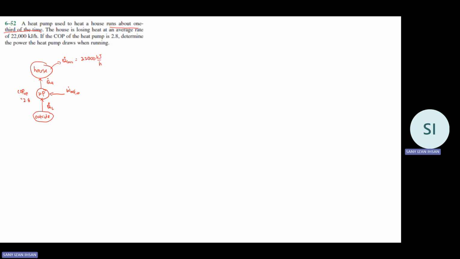So you need to be able to cater 3 times the load because it is 1/3. So what we have is QH dot should be basically 3 times the 22,000 kilojoule per hour rate. Okay, 1/3 of it to cater for the whole. And that amounts to 66,000 kilojoule per hour load.